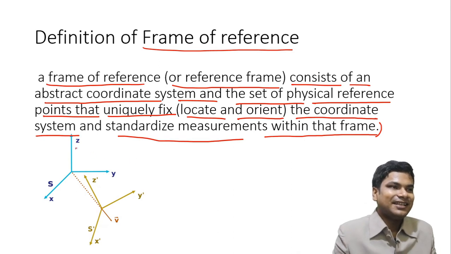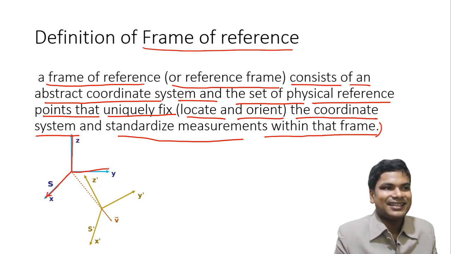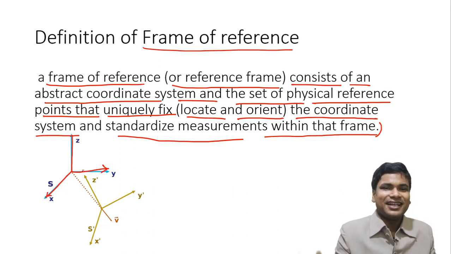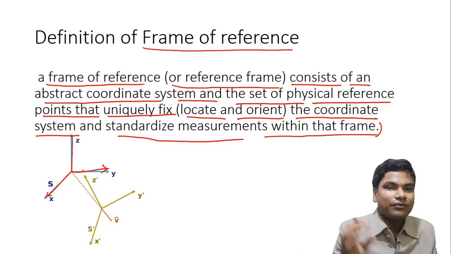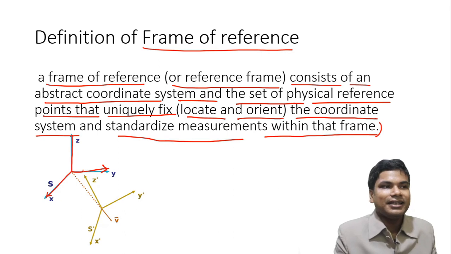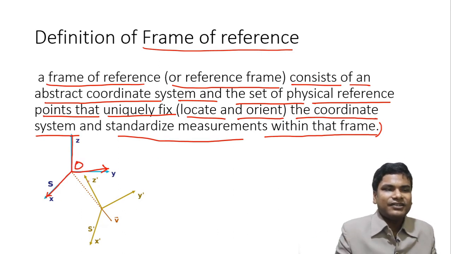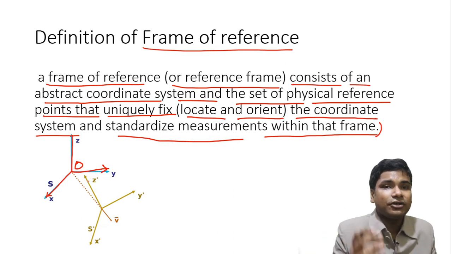See, this is a standardized system where we always take x, y and z coordinates. Now if we need to measure something, we first locate it in a specific position, and that is very unique. Why is it unique? Because its location and orientation are unique.